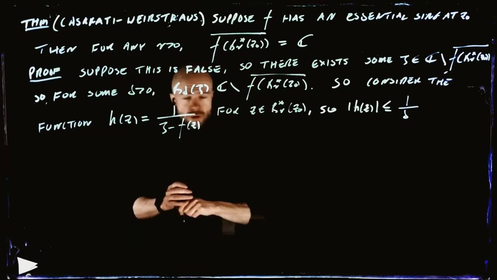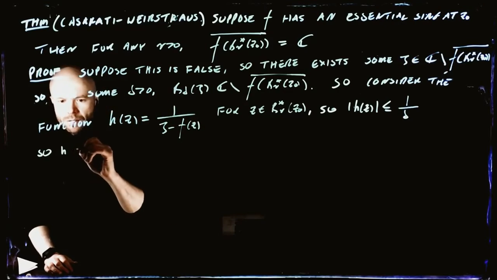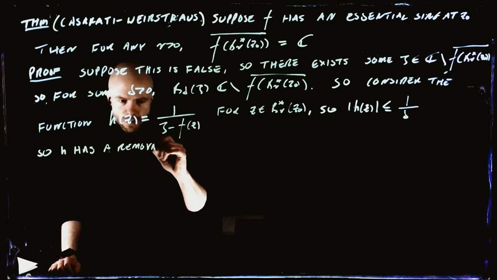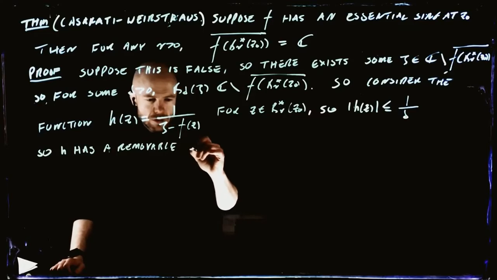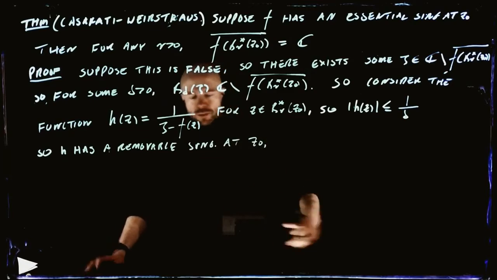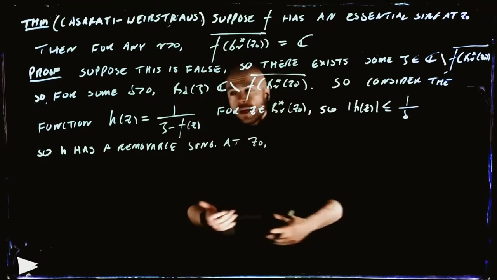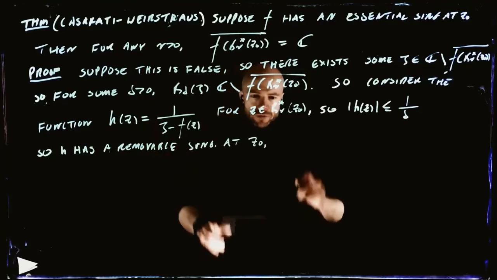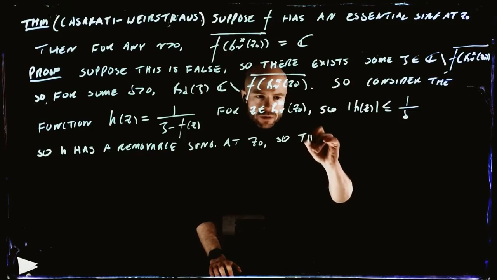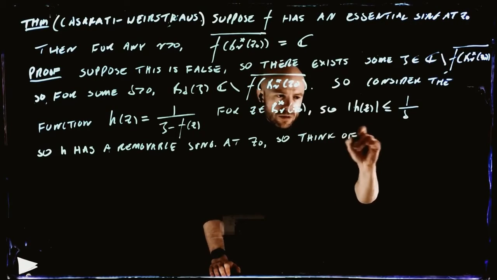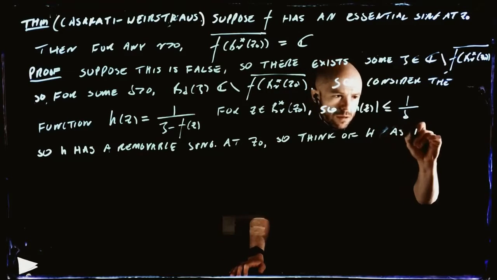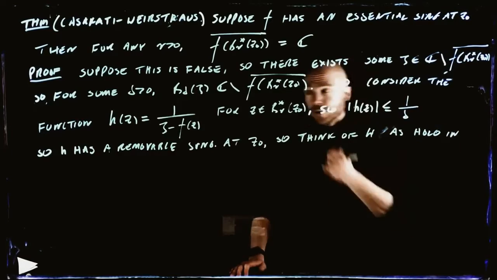So h has a removable singularity at z0, and that gives us this bountiful extra good stuff: we can think of h as just being holomorphic in the actual ball, not the punctured ball.